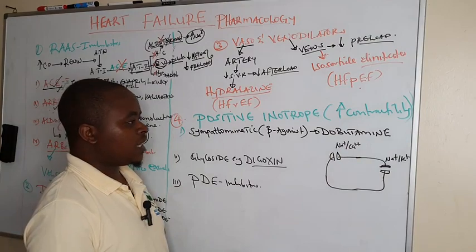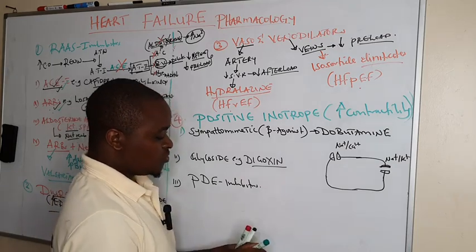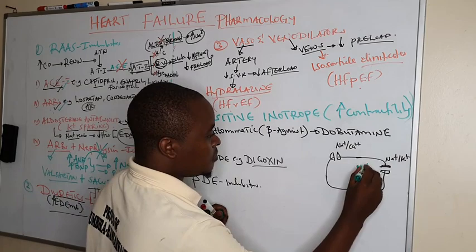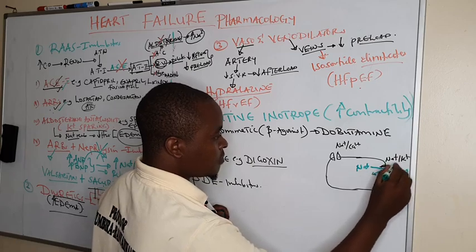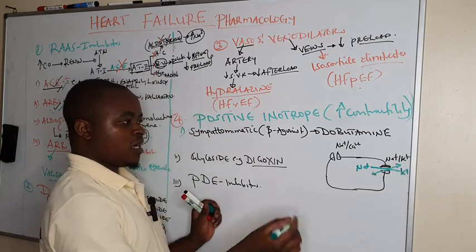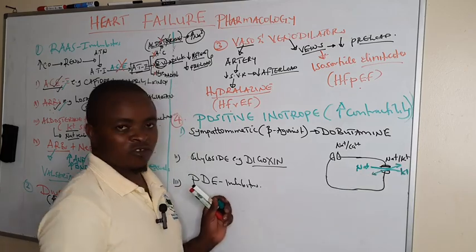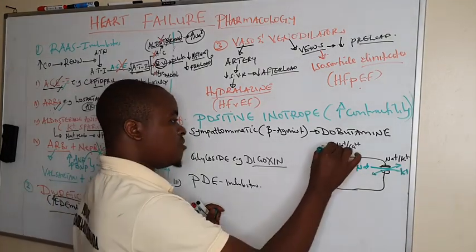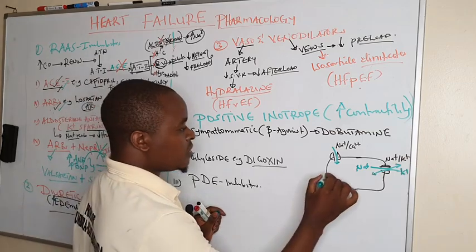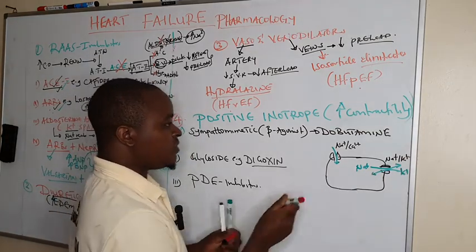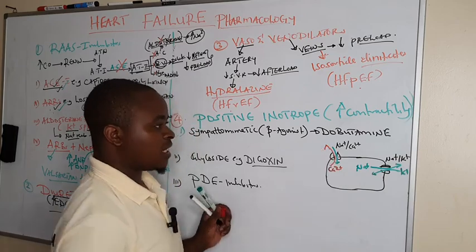So what happens in the cardiac cell is that in the normal situation, we see sodium being pumped out of the cell as potassium enters. And when this happens, it decreases the levels of sodium in the cell, which leads to more influx of sodium via the sodium calcium exchanger. And it happens in exchange with calcium. So calcium moves out as sodium comes in.